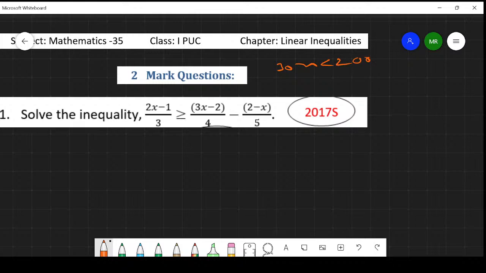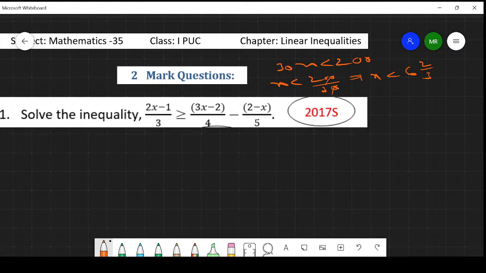Then they will ask, suppose x is a natural number, what is your answer? You can see here I can write x less than 200 by 30. The zeros cancel, 20 by 3. That means x less than 6 2 by 3 it comes, correct.